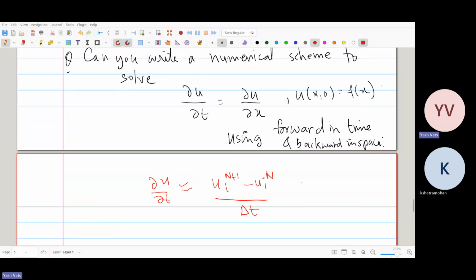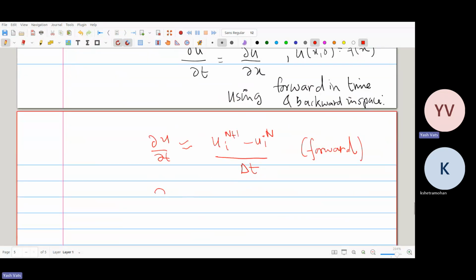And del u over del x can be approximated as u_i^n minus u_(i-1)^n. That's the backward part, right?